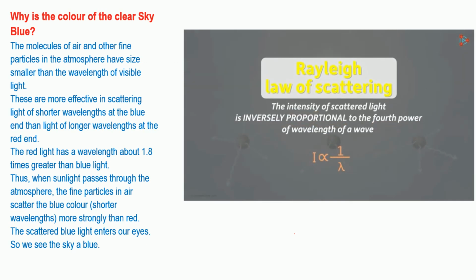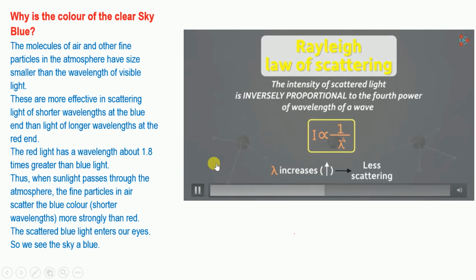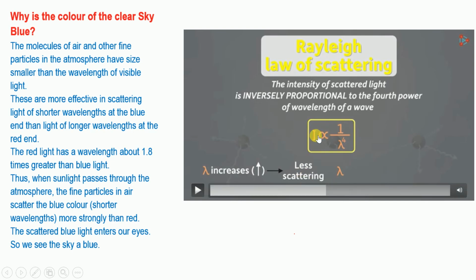The intensity of the scattered light is inversely proportional to the fourth power of the wavelength. From this one thing you can understand: as the wavelength decreases, the intensity will increase. That means if the wavelength increases, the scattering will be less. Understand? Here I is the intensity of the scattered light.